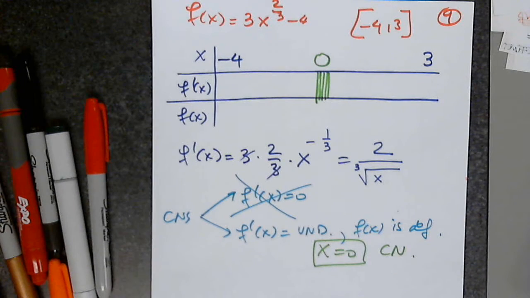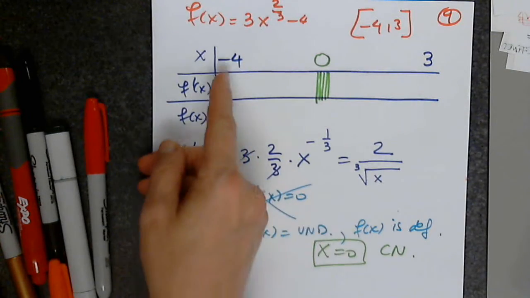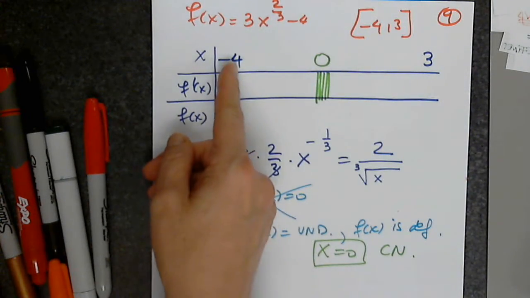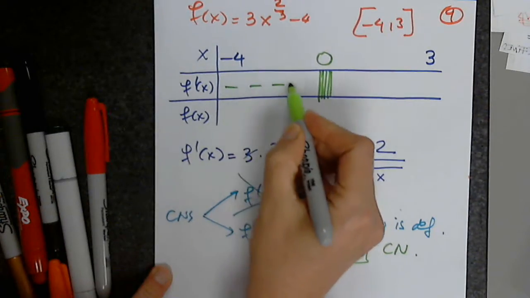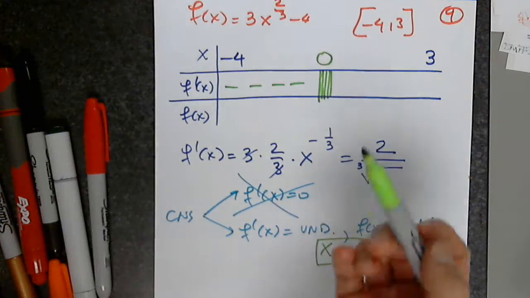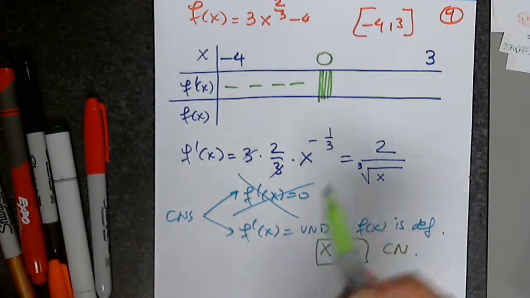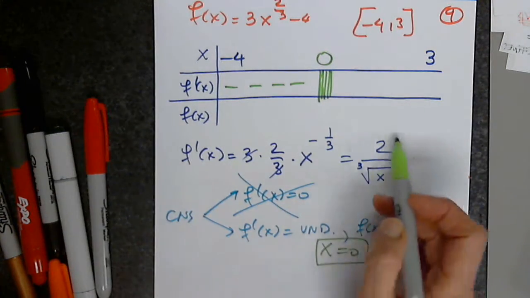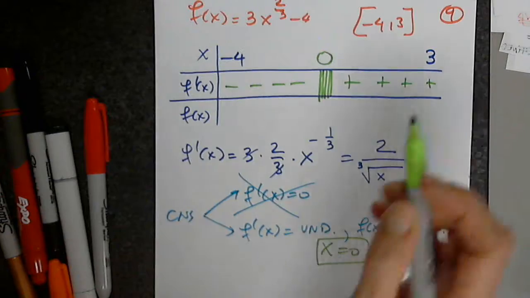Don't calculate anything. Just tell me the sign of this expression when you replace x by a number between -4 and 0. Of course. And now plug in a number between 0 and 3, not 0 of course, in here, and tell me the sign. Don't calculate anything, I just need the sign of this. Positive. Do you all agree so far?